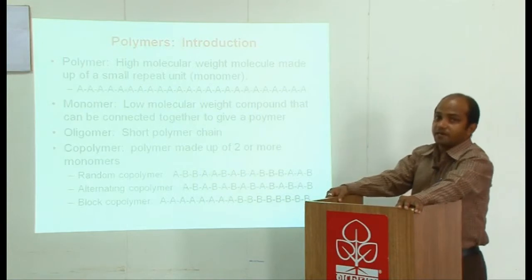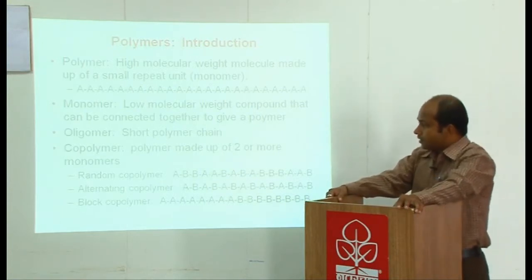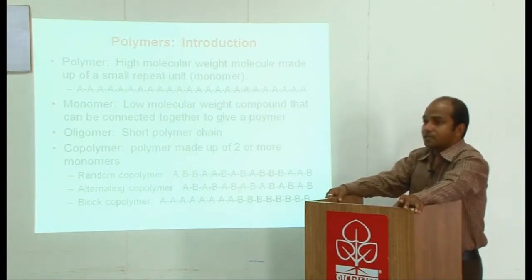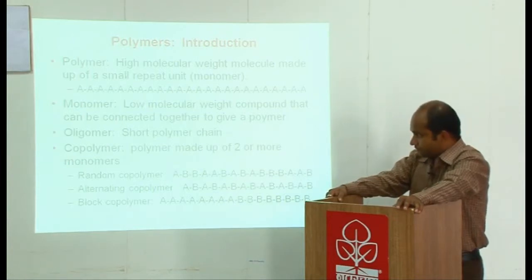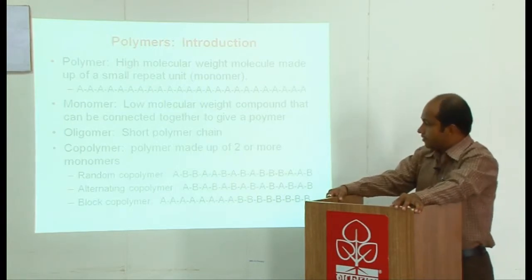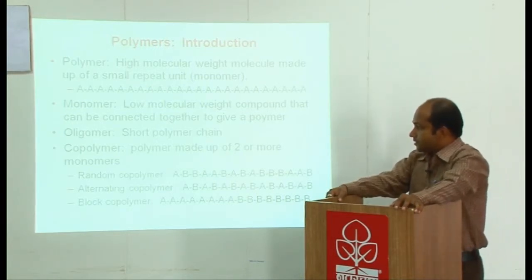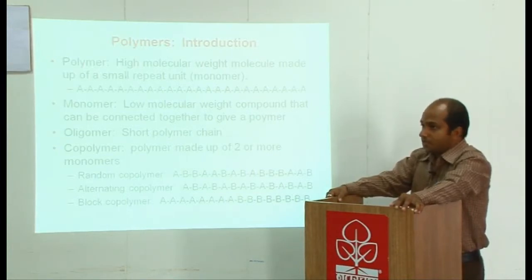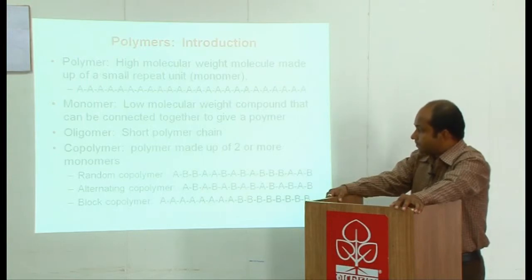So what do we understand by a random copolymer? Here A is a monomer and the other monomer is B. In the case of a random copolymer, if you have a single unit of A, not necessarily will the next be B. There may be more than one unit of B, or there may be more than one unit of A, and this pattern may go on randomly.